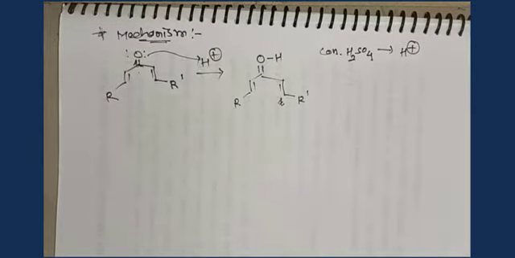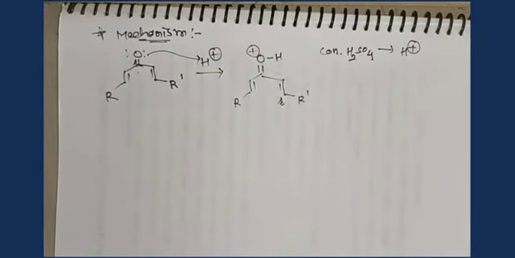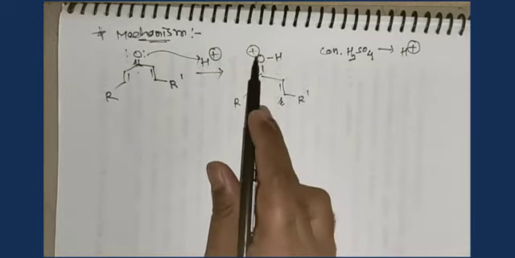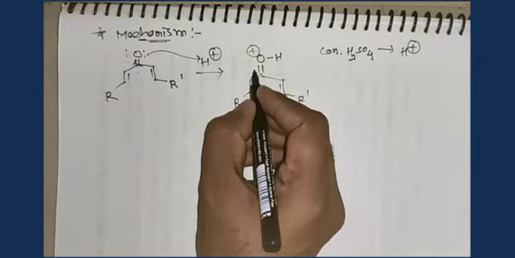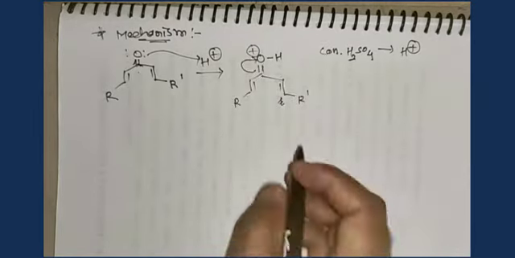Now here the oxygen valence is 3, so oxygen carries the positive charge. As we know, the positive charge on oxygen is not very stable, that's why it attracts the bonding electron pair towards itself.